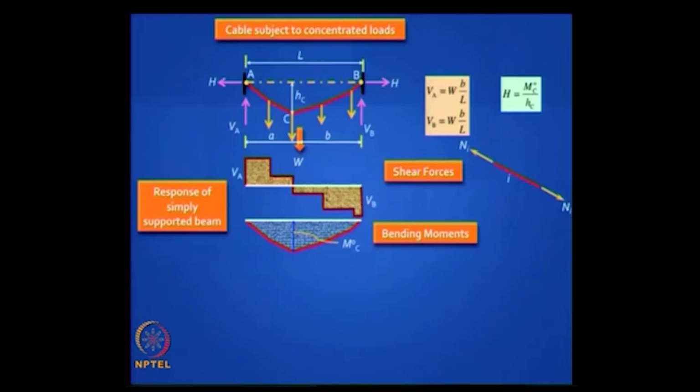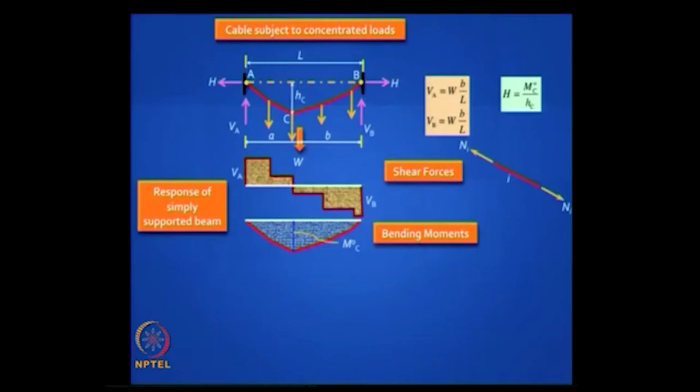Now if a cable is inclined as shown there, then the axial force in that cable is related to the shear force in the beam as well as the horizontal force at the two ends.